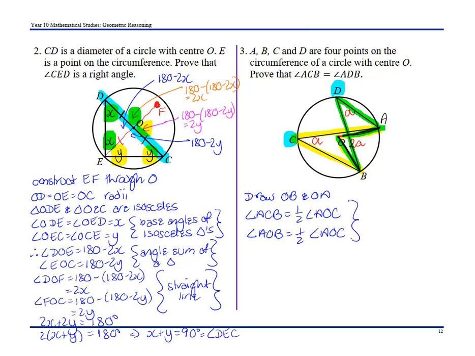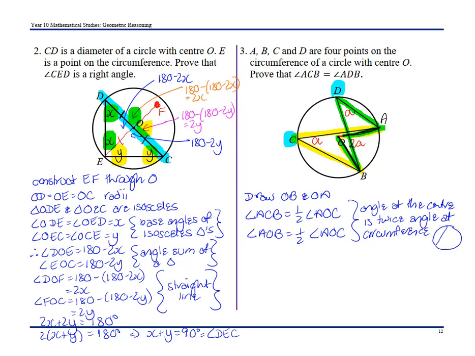And the reason for that is angle at the center is twice the angle at circumference. I should put subtended by the same arc, but anyway.